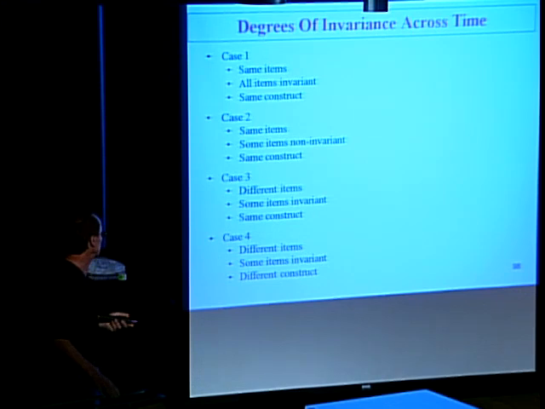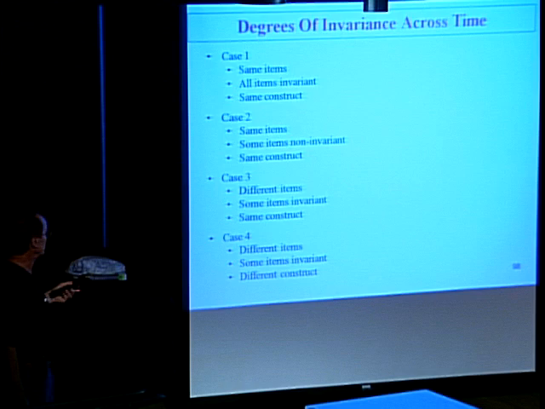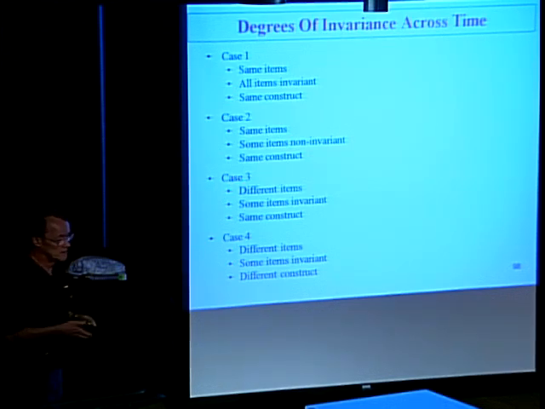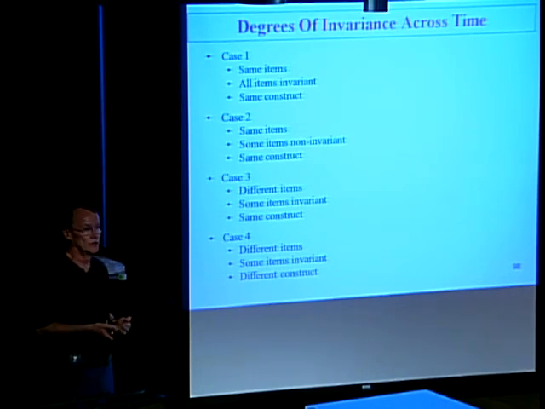And one could argue that we still have the same construct over time and in the same metric due to the fact that many of the item parameters were invariant. But at some point, it becomes useful to consider a case 3, which is a case of different items across time.